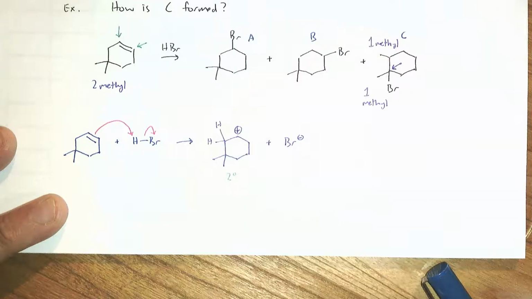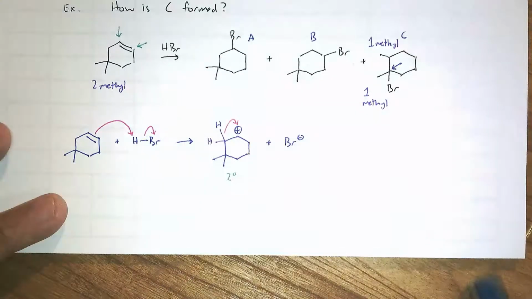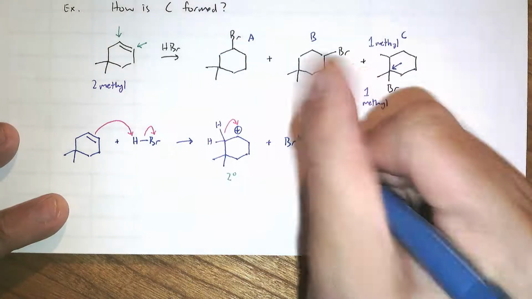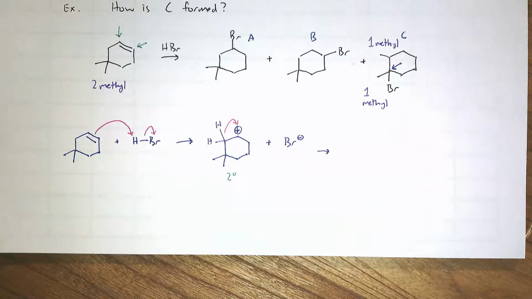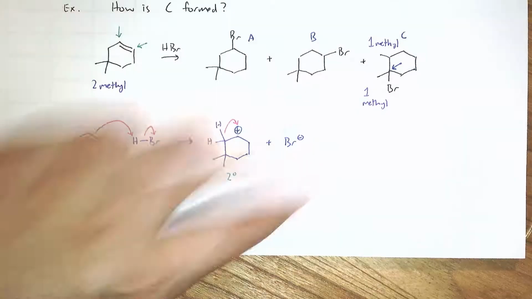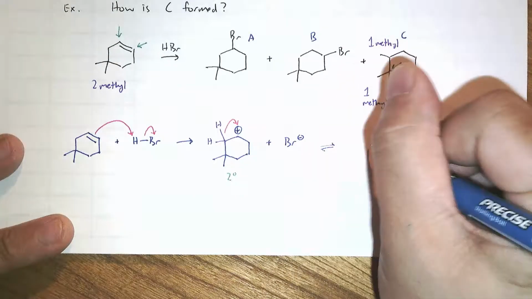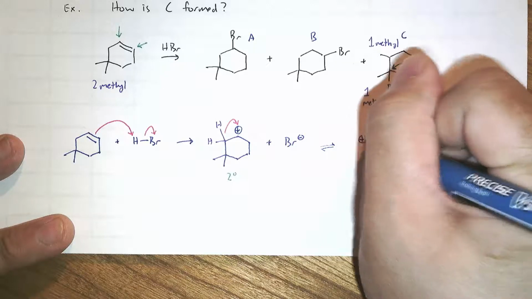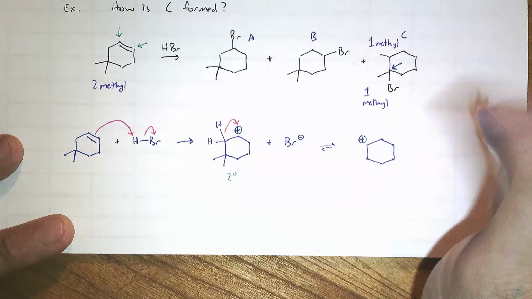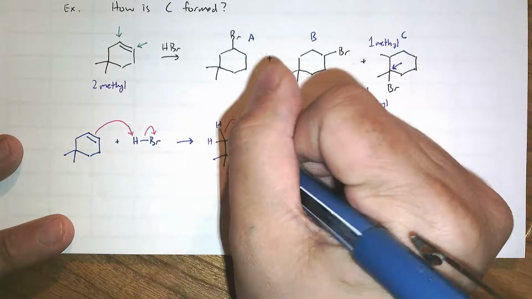So this is what I mean by you could do multiple shifts if you're given the product. And maybe I'll put equilibrium because it is actually an equilibrium. You could shift backwards as well. Okay, so do you see how now I get the carbocation on this carbon because now this carbon is neutral.